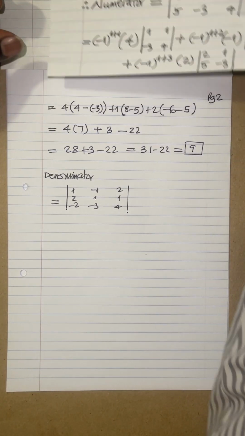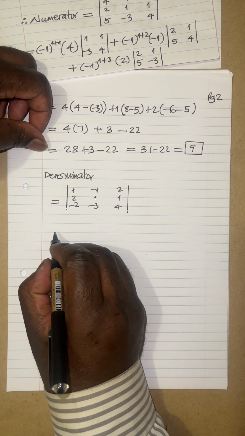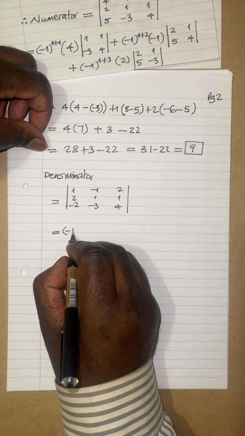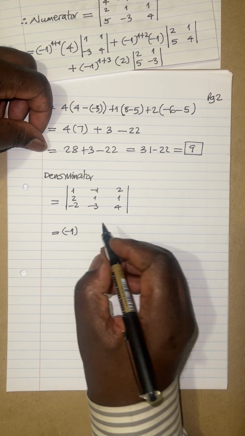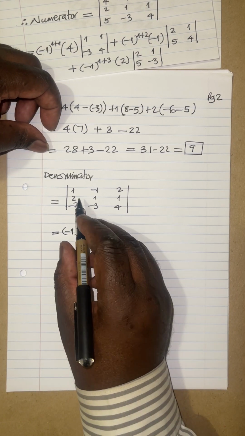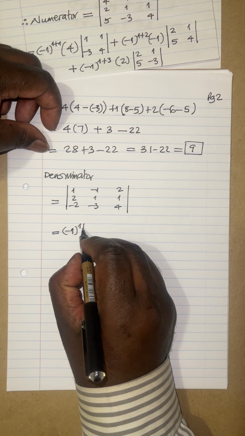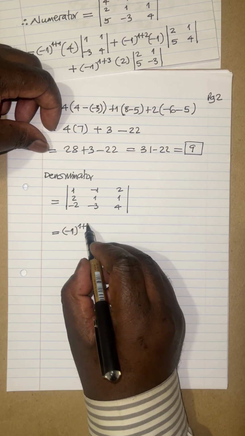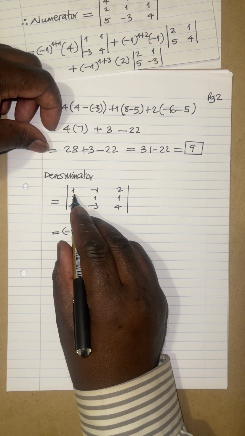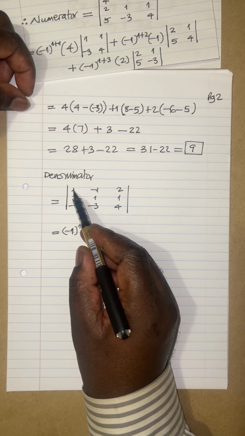Now, let me put this away. What are we going to say here? The same procedure, minus 1, cofactor, some people call it. The power, first row, first column, so 1 plus 1. And then the number we're focusing on is 1. This one. That's the one.